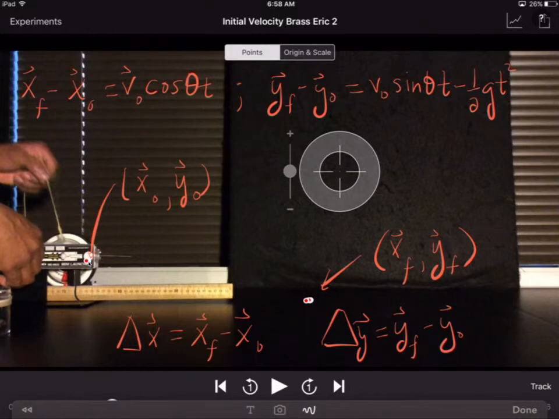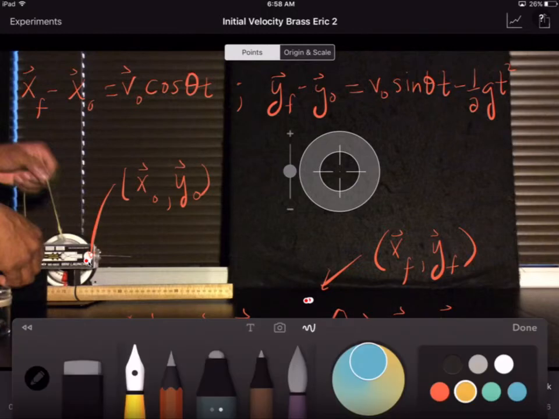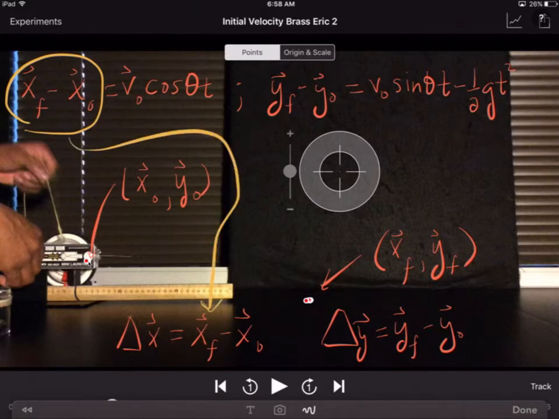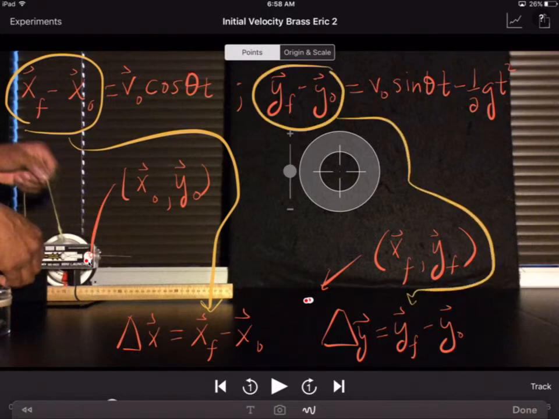Okay? So I would say this is pretty clear, but I bet it's not super clear to you. Look at this. This is our x displacement. It's coming from this value. Here's our y displacement. It's coming from this value.